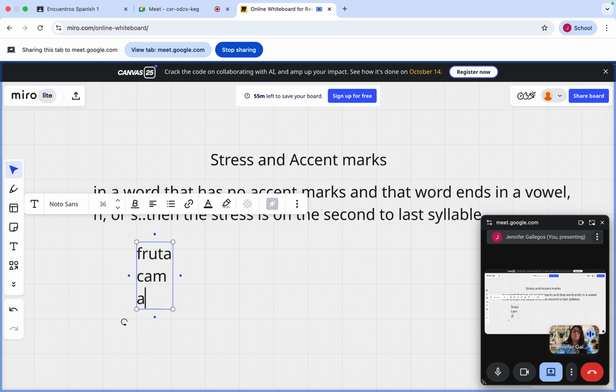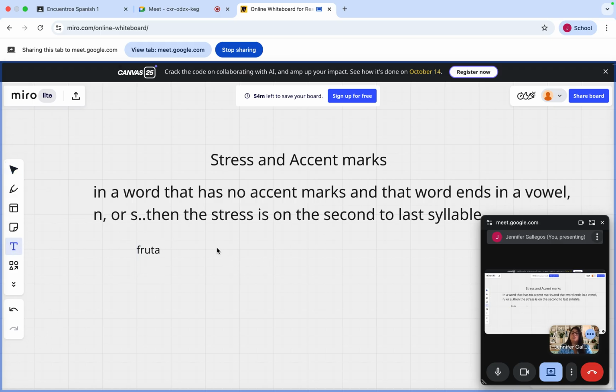We have this word. The C is pronounced like the letter K. So for this word, the stress is on the first A, cama.